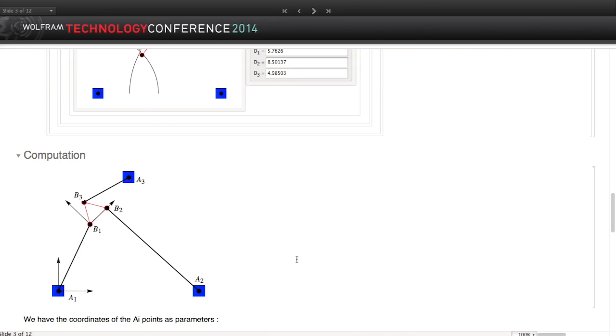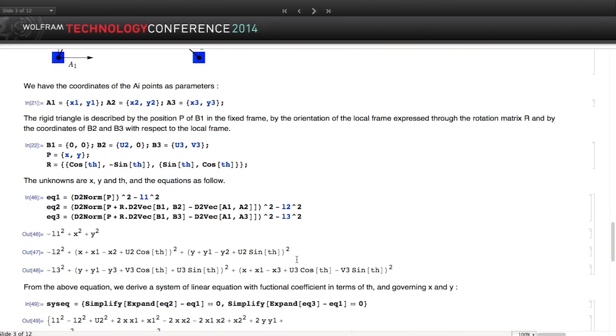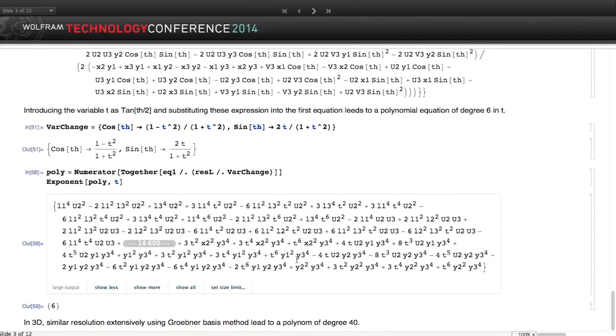So let's fix some notation, and I developed some computation. So just what I want to show you. I'm using the same methods as the one I have done by hand. That means I try to eliminate as much as possible all the variables, except the angle.